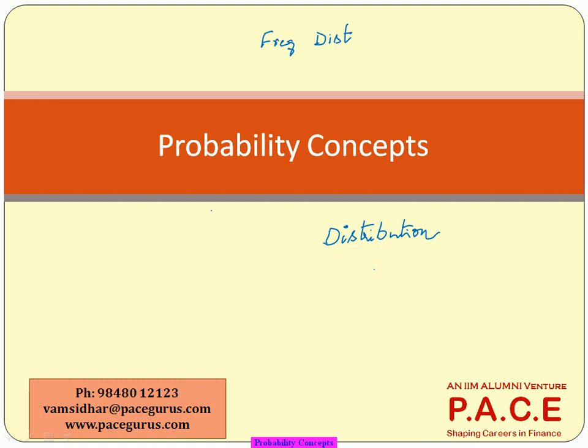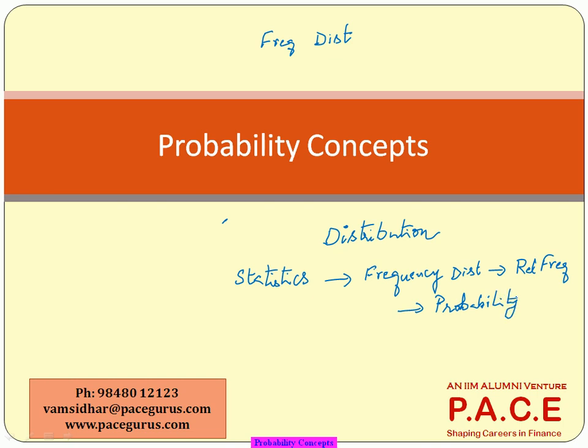And how is this statistics and probability linked? What we would be seeing as we move along is whatever we have discussed in statistics, we have created some kind of frequency distribution as well as relative frequency. And the relative frequency itself in a slightly sophisticated form will lead to the concept of probability. That is how we are finding the linkage between statistics and probability, right?